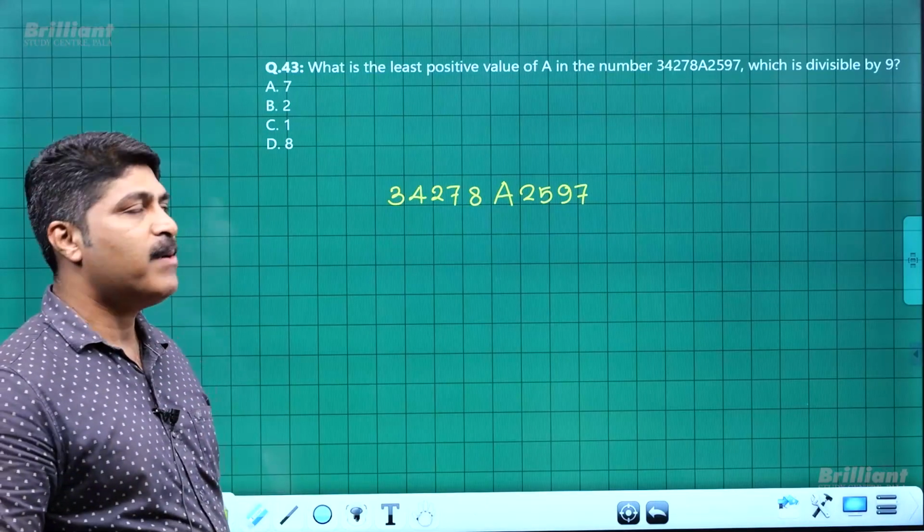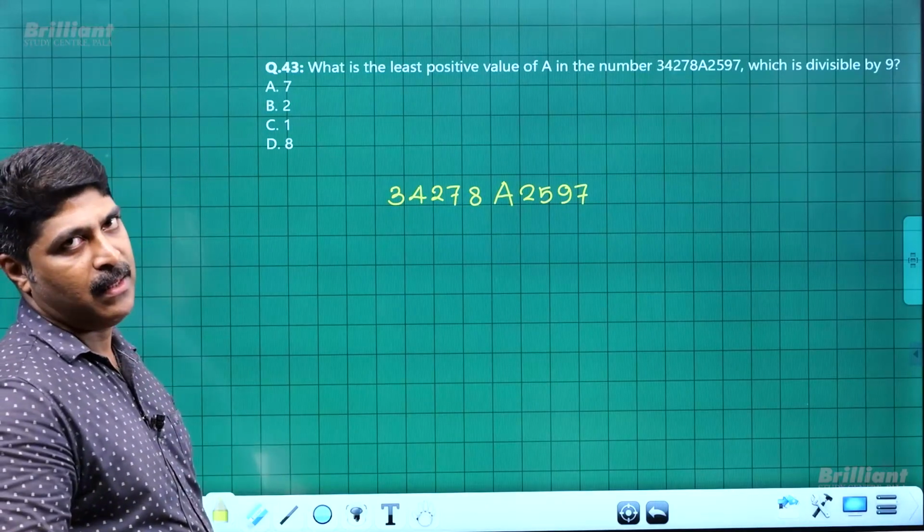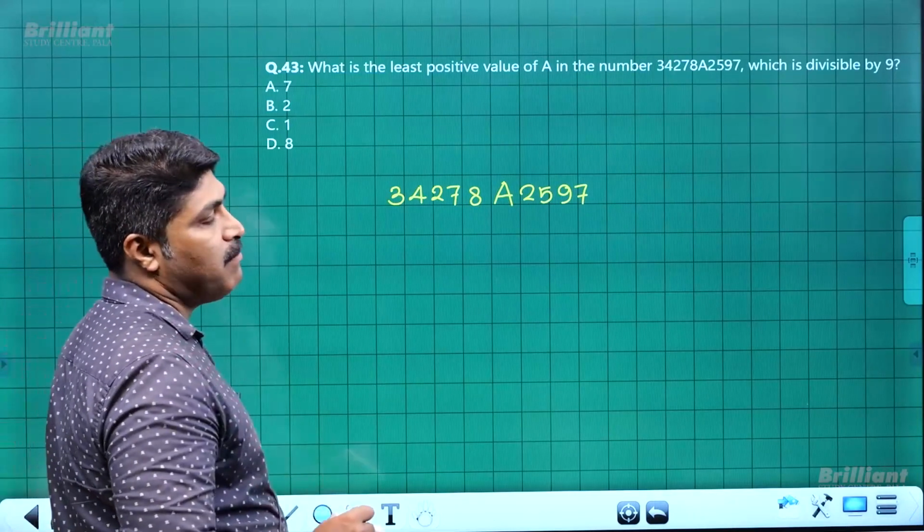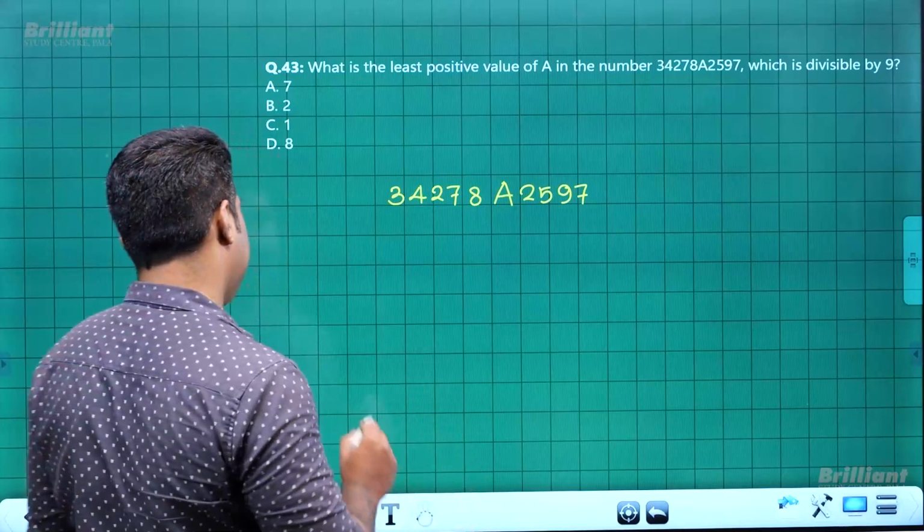If a number is divisible by 9, what's the requirement? If this number is divisible by 9, the requirement is nothing but the sum of the digits should be divisible by 9.